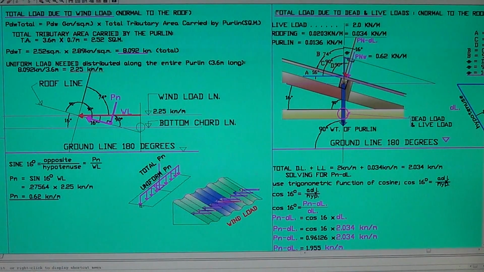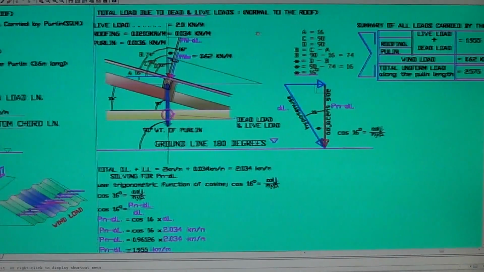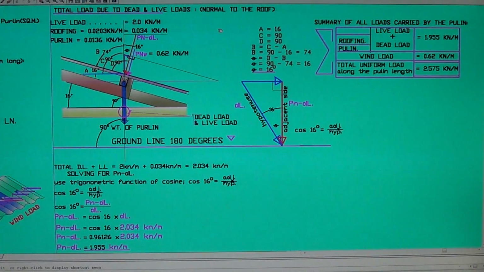Okay, now the load due to dead load and live loads, normal to the roof. We have to put the normal to the roof, right? Okay, live load is 2 kilonewton per meter. Roofing, we solved that earlier, is 2.0203 kilonewton per meter.